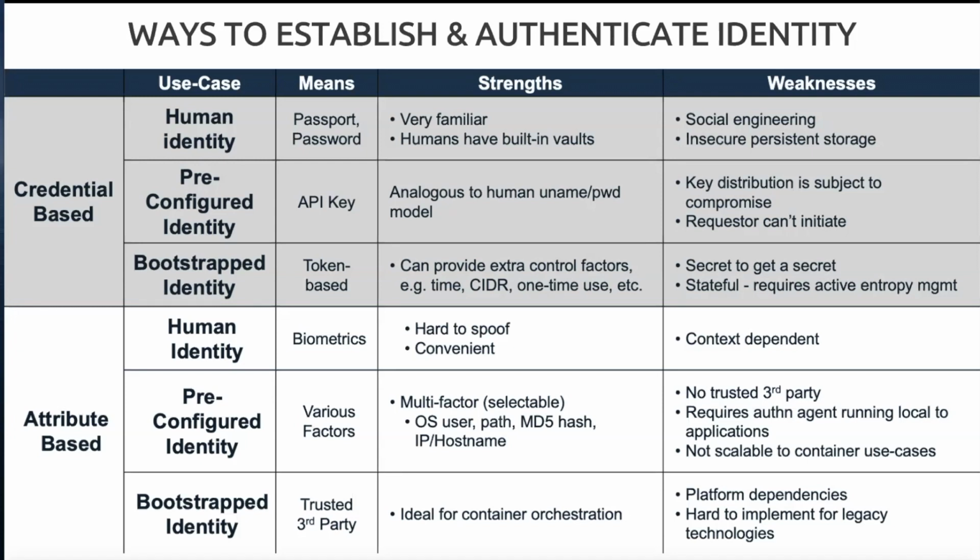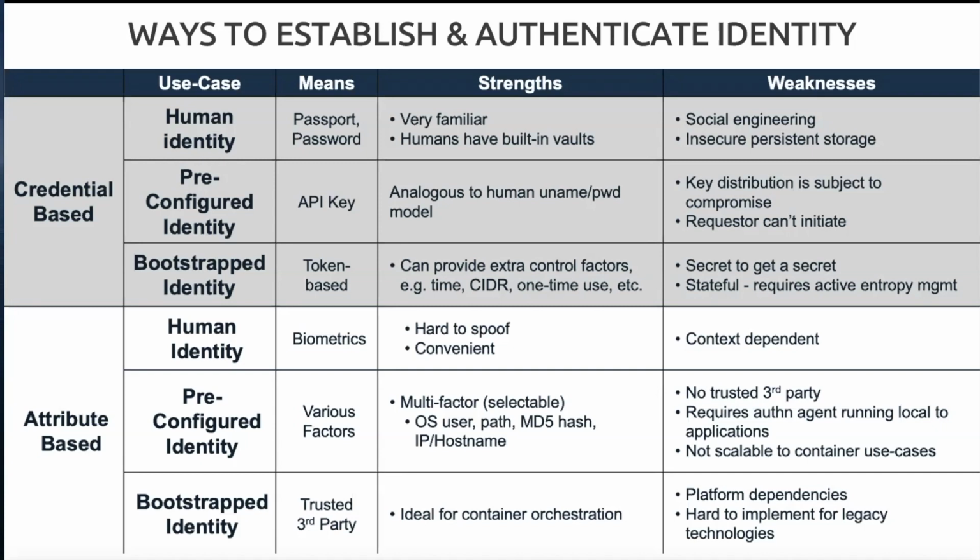So then we move to attribute-based identities, okay? When we say attribute-based, we're referring to things like perhaps an MD5 hash or a SHA-256 hash of an executable, the OS user or the path.